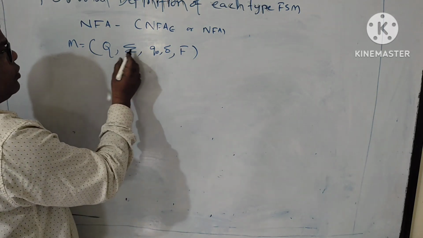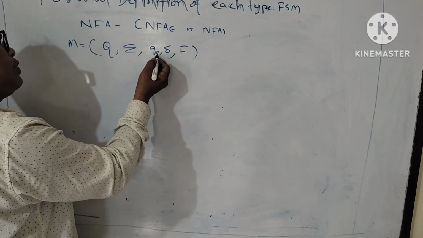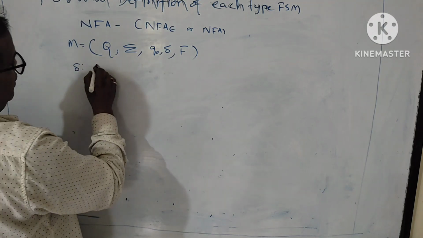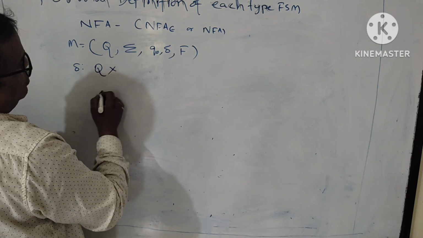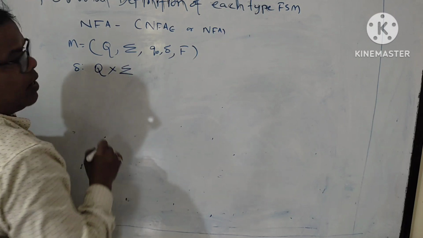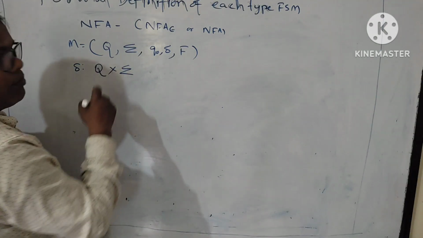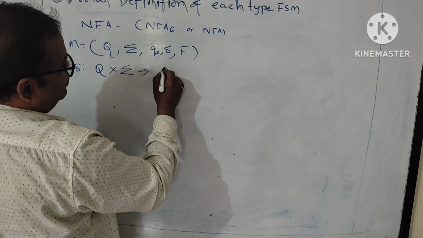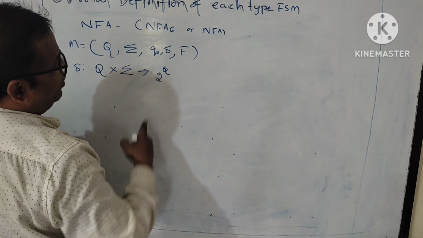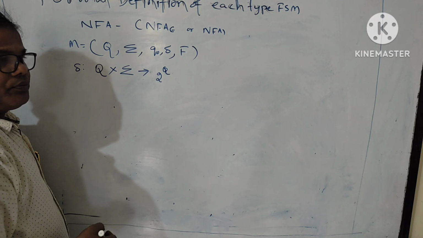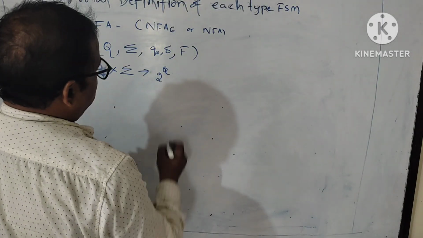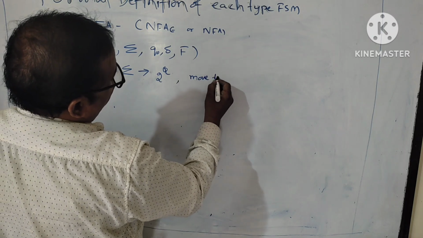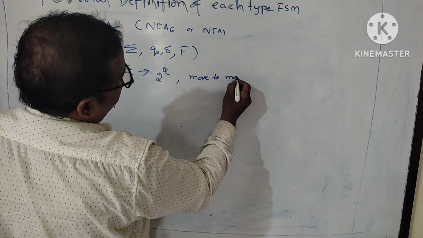As usual, the definition for Q, alphabet, initial state is the same, but the only difference is that if you are in a state and reading an input symbol, you may go to more than one state. Sir, why have you written 2 to the power Q? Because the meaning of that is move to more than one state.